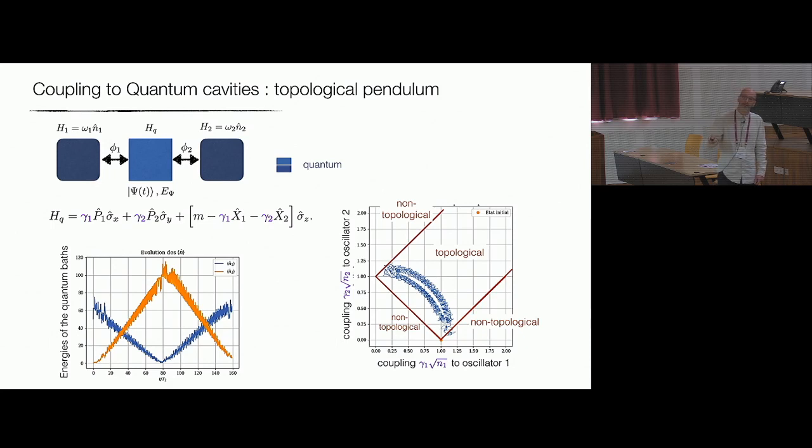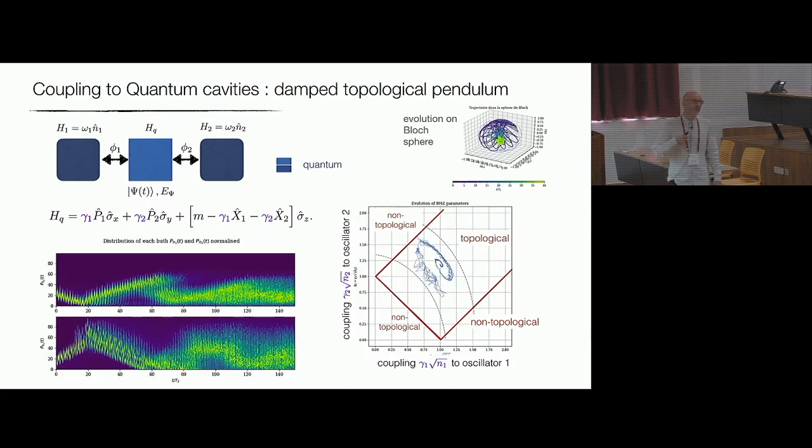That's what's represented here, where I consider the number of quanta in the two baths. You have the first series of pumping and then the second series of pumping. But that's not the end of the story. If you look at longer times, what you get is a damped topological insulator. It doesn't oscillate constantly in time. Why is it so? Because at any transition here, you don't jump fully into the excited state. That's a quantum evolution.